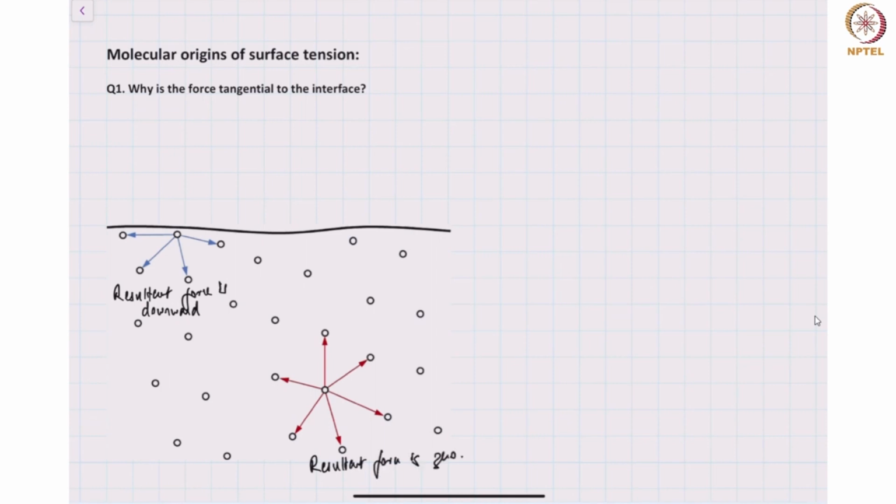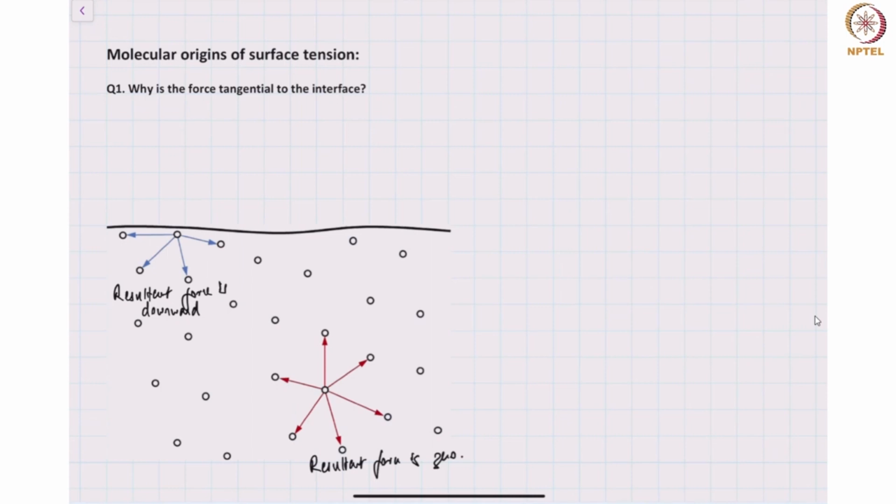Straight away, this leads to a dilemma. If the resultant force is downwards, why is surface tension a force parallel to the interface? There are several examples that we can do to confirm that the surface tension force is indeed a force parallel to the interface. We'll also see some demonstrations in the form of videos.